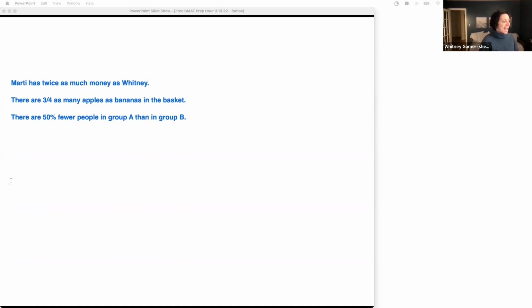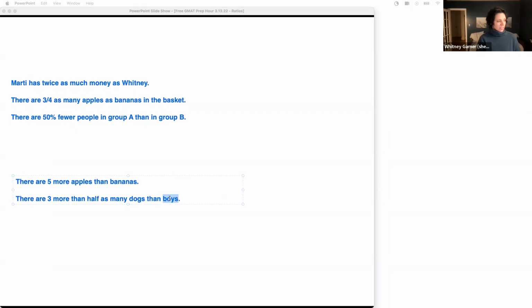versus when something is additive. So additive would be there are 5 more apples than bananas. There are 3 more than half as many girls than boys, or we'll say dogs than cats.